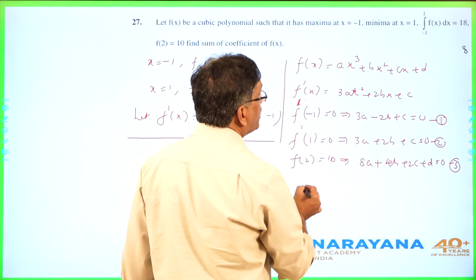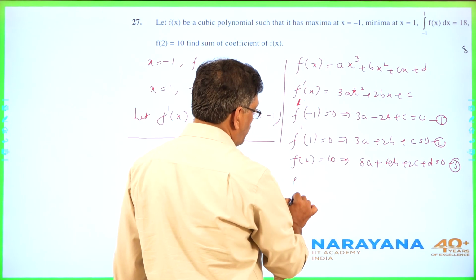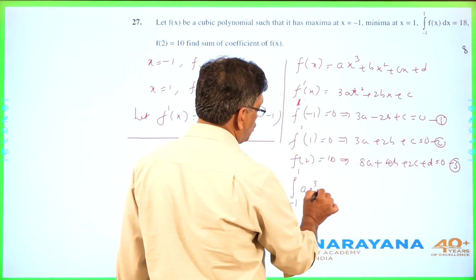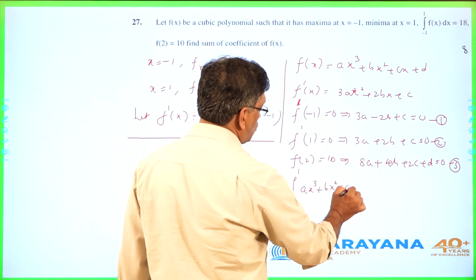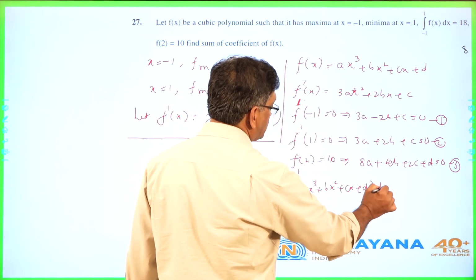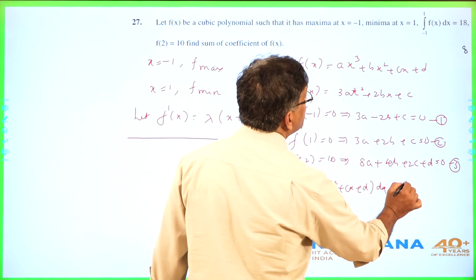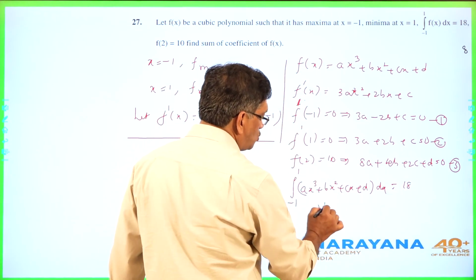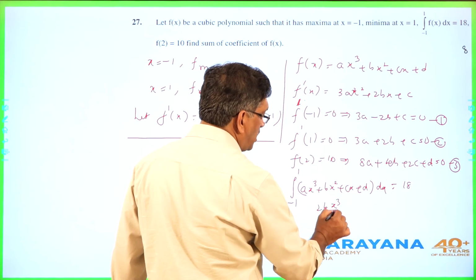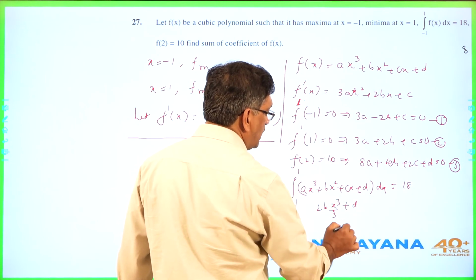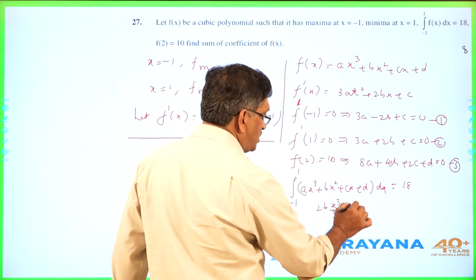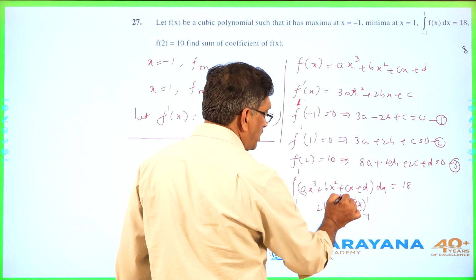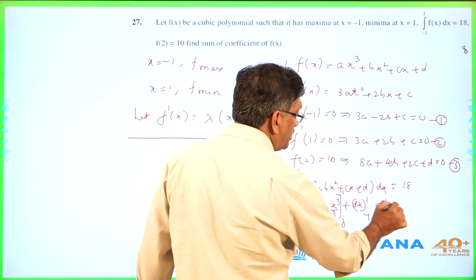And when you integrate, between minus 1 to 1, ax cube plus bx square plus cx plus d is equal to 18. This is 0. This is 2b x cube by 3 plus this is dx. Here minus 1 to 1, here 0 to 1, 18.